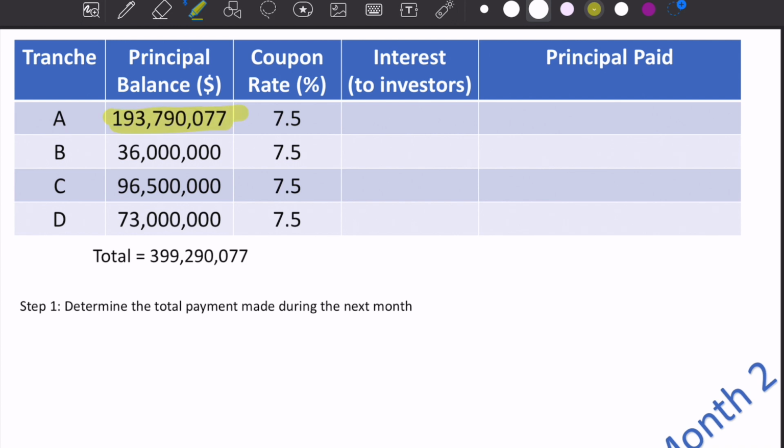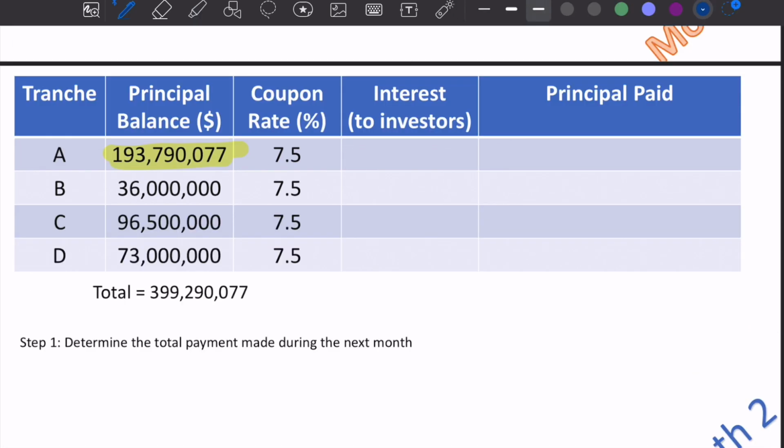So we would repeat the exact same steps now, but thinking about our inputs, let me draw out my time value of money. So my N, I'm going to decrease by 1. So now I have 356 months. My I is that weighted average coupon. Make it monthly.